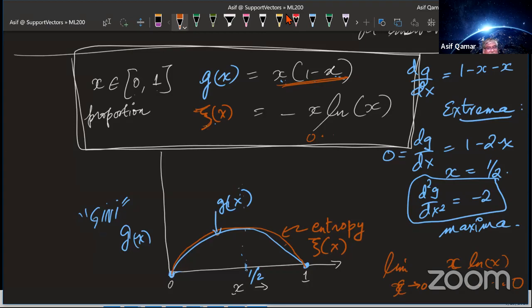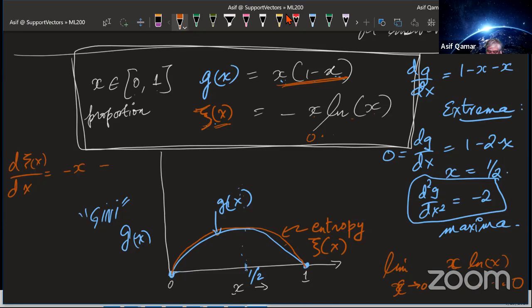When x is equal to 1, this term will be 1, but log of 1 is 0. So it will come down here to 0. So it's basic, the sort of pre-calculus stuff. And if you again take the derivative of this, so let us do that. The derivative is equal to minus x log x. What is the derivative of log x?